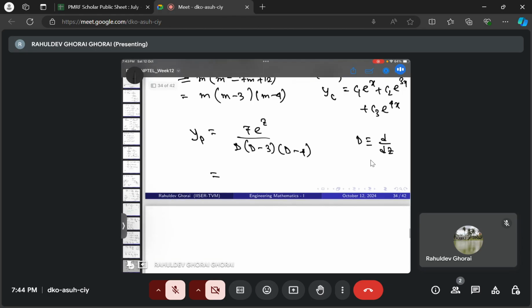So now let's take 7 out, then e to the power z. If you replace D by 1, it won't affect anything, because it won't be indefinite. So 1 times 1 minus 3, you can just put it also. So 1 minus 4, so minus 2 and minus 3, that will be 6. So 7 over 6 times e to the power z, that will be the solution.